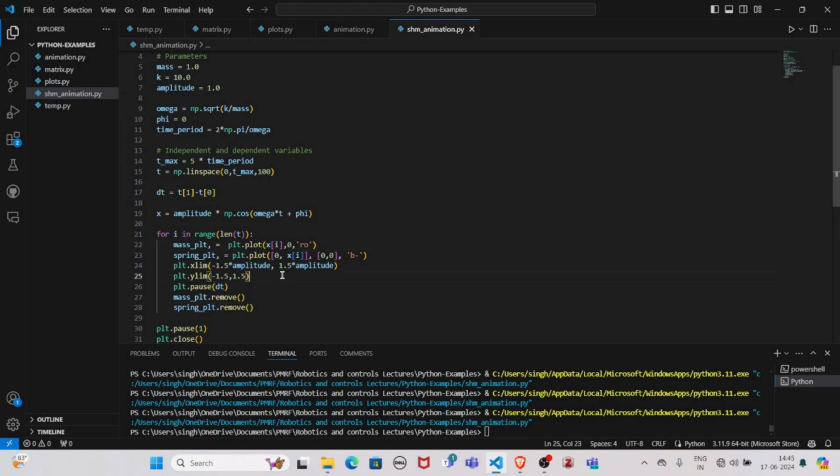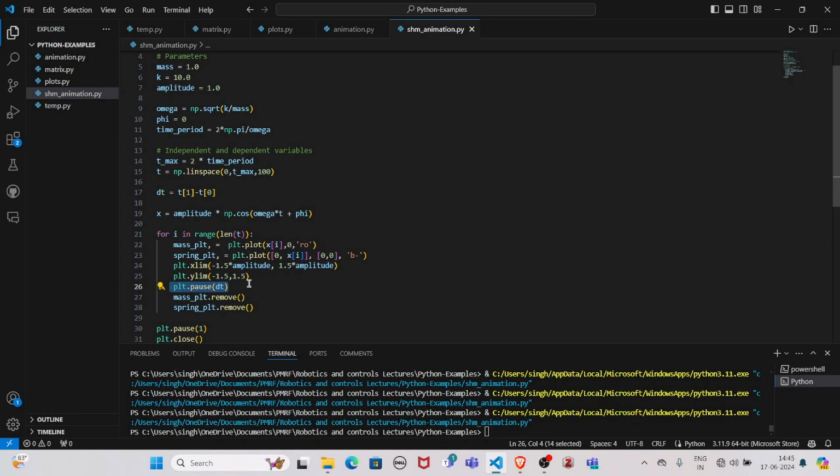Now one more thing that I want to change is this max time period. Let's change it to 2 and see. We saw previously that if we change this from 2 to 5, it becomes really fast.